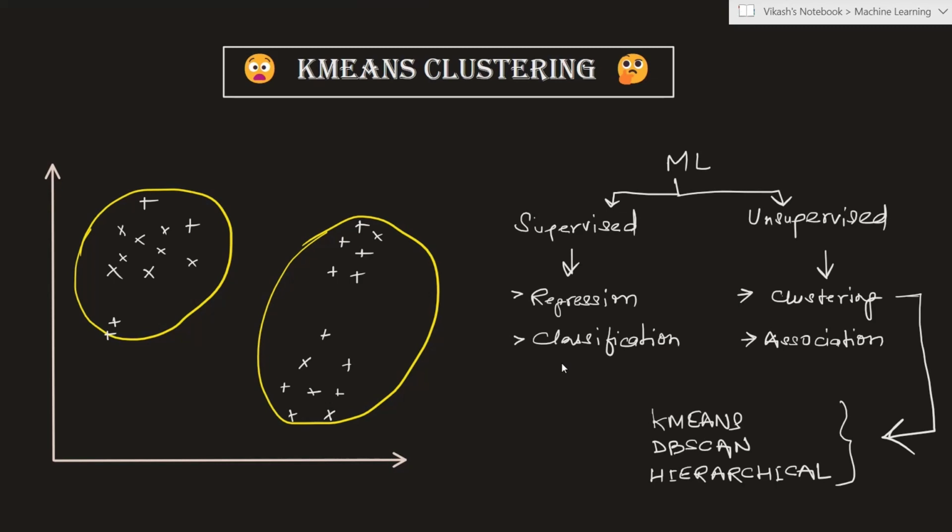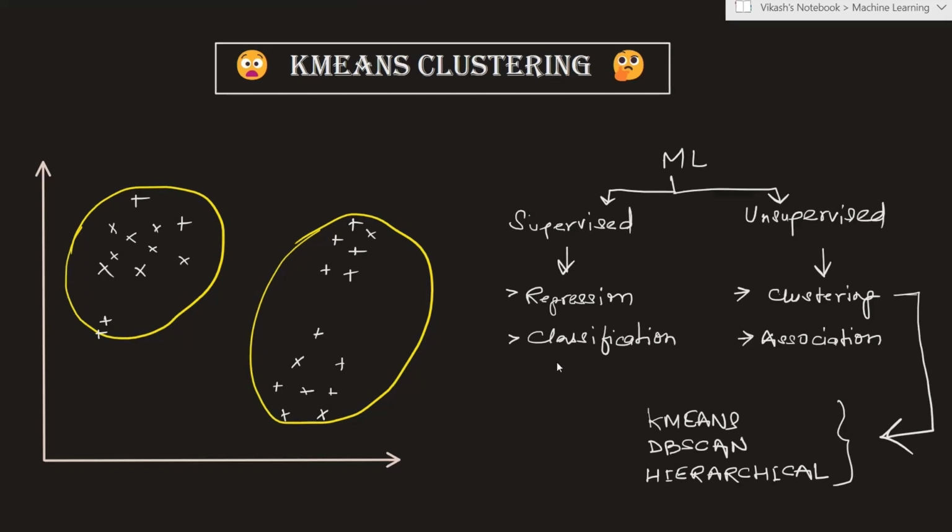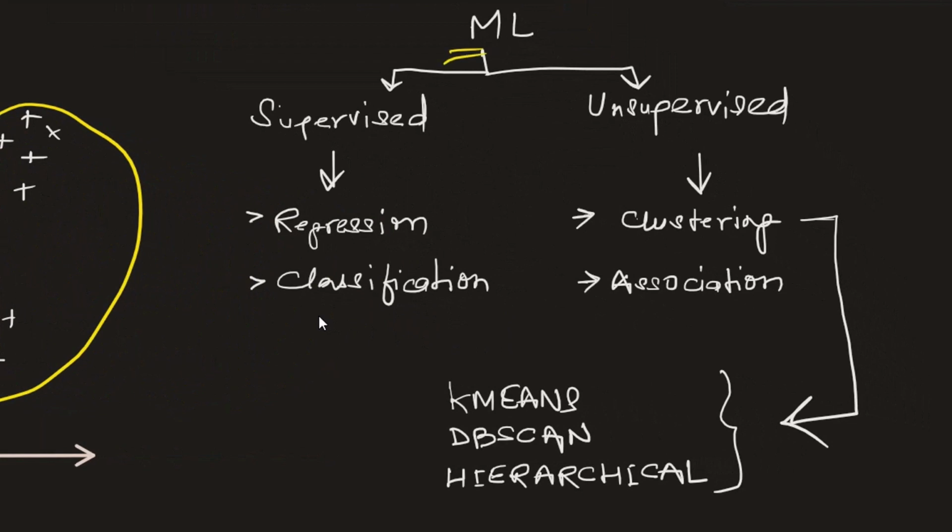But let's try to understand in more detail where exactly we need to do clustering for our data. Typically in machine learning, we have two types of problems. First will be supervised and second will be unsupervised. Let's start with supervised machine learning first, and its examples will be regression or classification problems. We have already been through the lectures on linear regression, logistic regression, support vector machine, k-nearest neighbors.